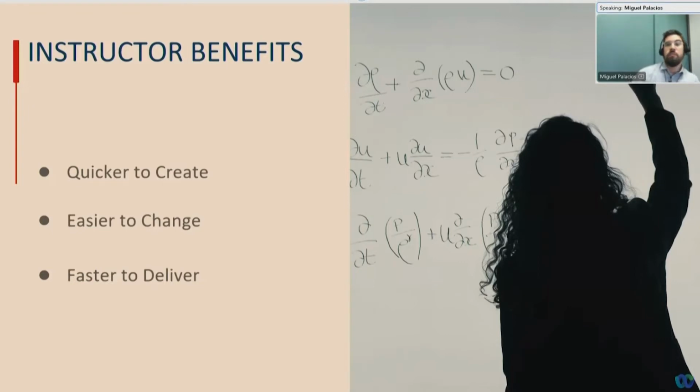If we look at microlearning from the instructor perspectives, there are three clear benefits to utilizing microlearning in your lectures. Because content is being condensed into smaller formats, microlearning shows to be less time consuming to create, and that's because the short format allows for a quicker turnaround to recording.